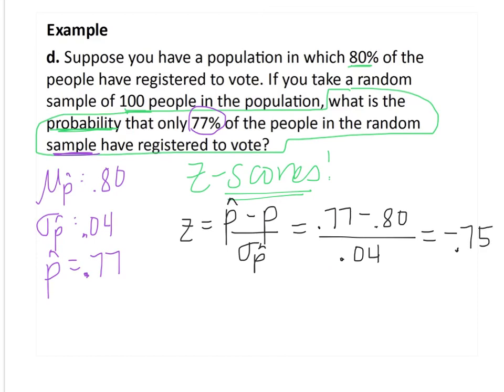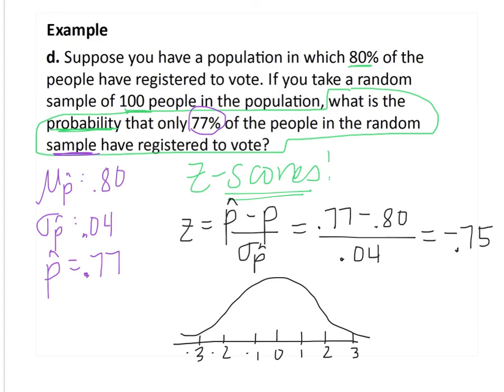Well, if z is negative 0.75, if I draw my little normal curve, 0, 1, 2, 3, negative 1, negative 2, negative 3, negative 0.75 is right about here. And I want to know what's the probability of this many or fewer, so I'm shading below.